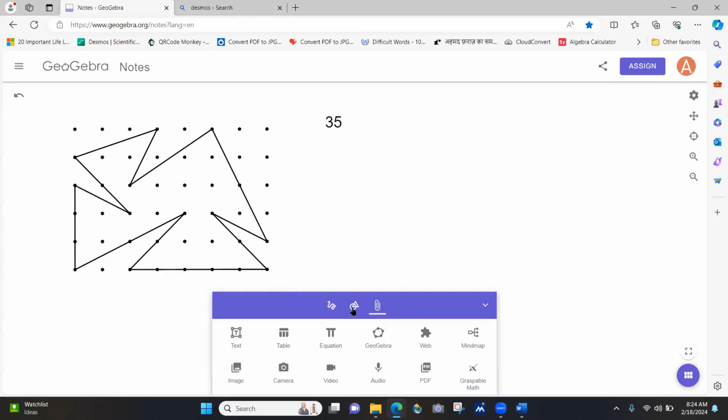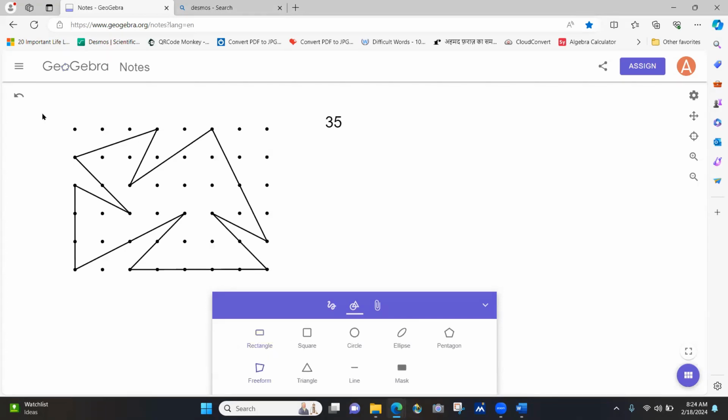So I'm going to find the area of this right triangle. Okay, let's try it again. And I have to be exact. I cannot guess.